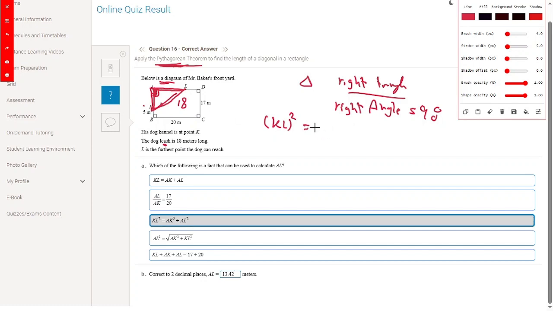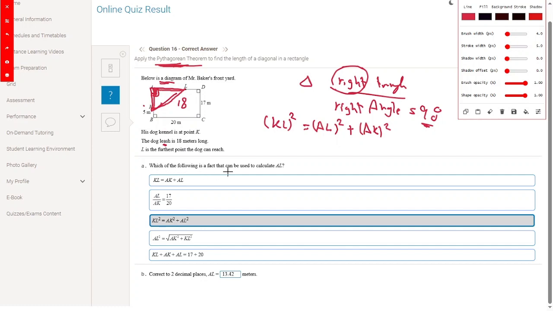So it will be equal to AL squared plus AK squared. And this formula you can apply to measure the length if the triangle is a right triangle or has 90 degrees. Or there must be a hypotenuse for this triangle.